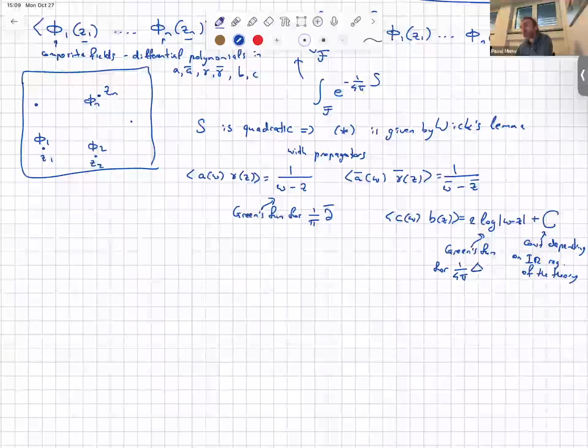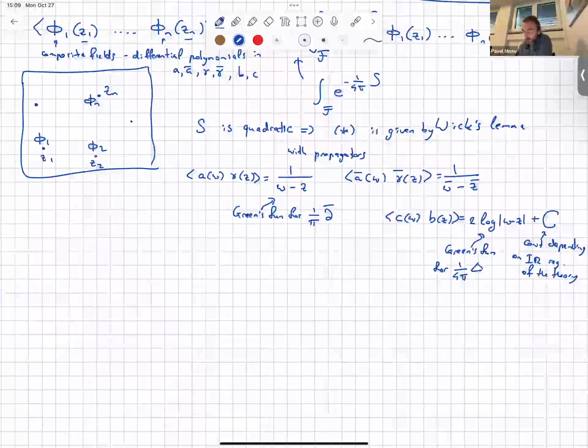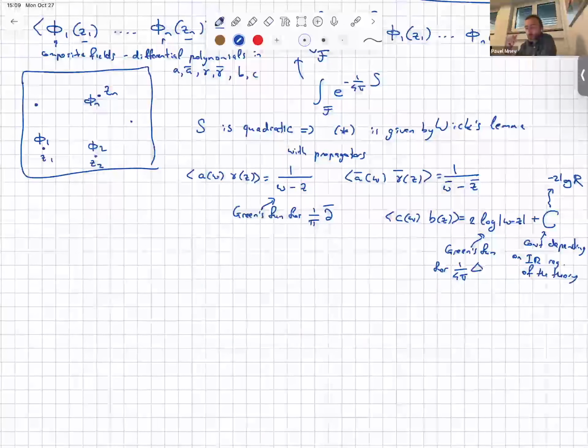But to invert the Laplacian, you need to put some boundary condition, some boundary problem for the Laplacian. So you need to put the Laplacian in a large disk of some large radius and put, let's say, Dirichlet boundary condition. Then this C would be something like minus 2 logarithm of that radius, if you regularize this way.